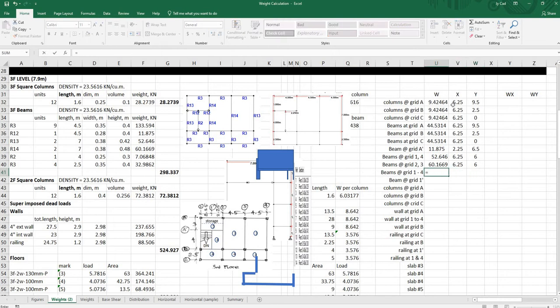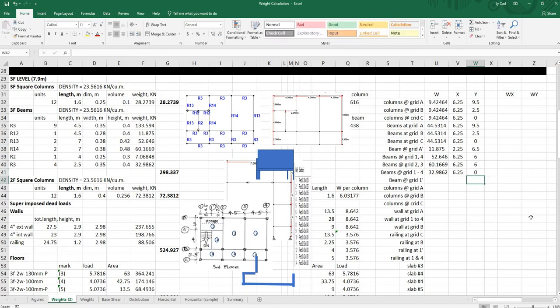So that is R3, which is 0.35 by 0.4 times the length na 2.5 multiplied by 23.5616 multiplied by 4 units. And then ang x coordinate niya again is 6.25, but the y coordinate is 0.